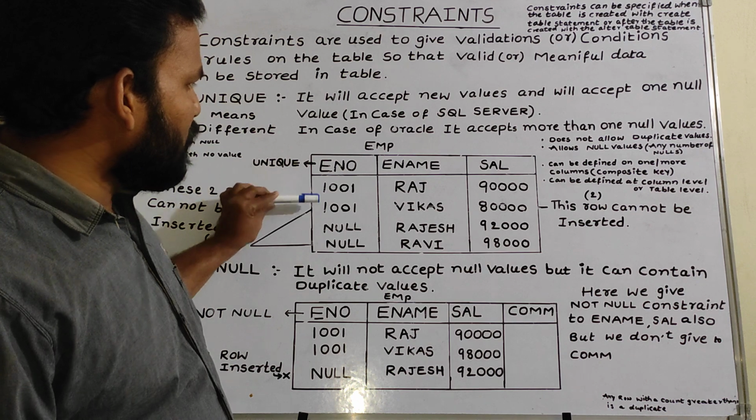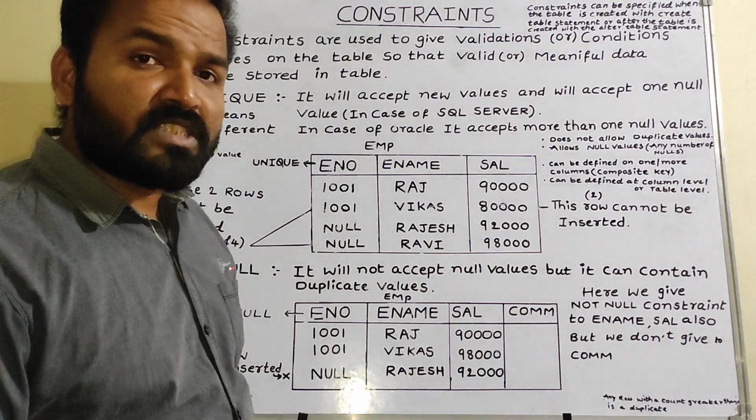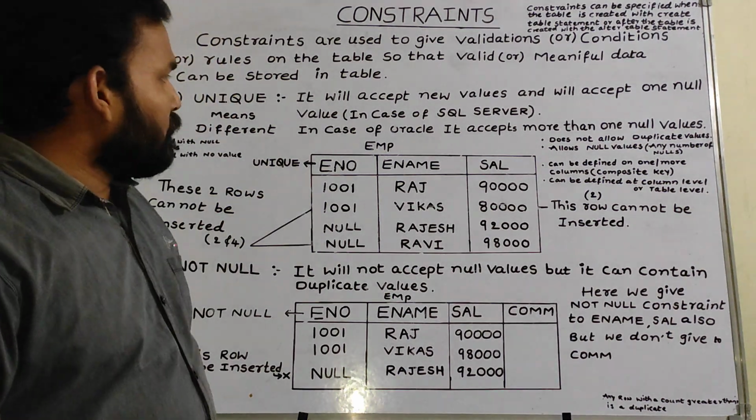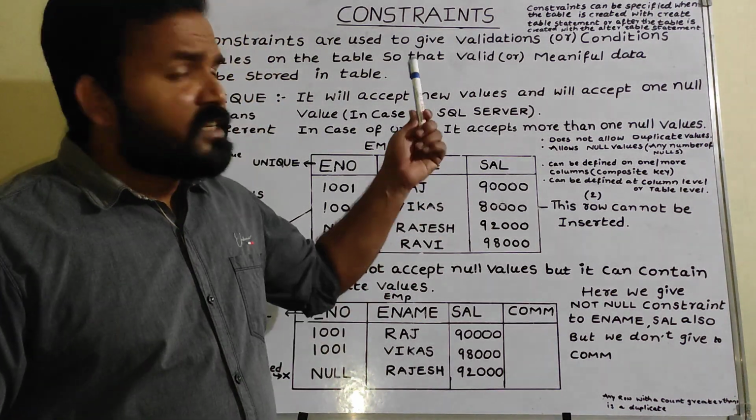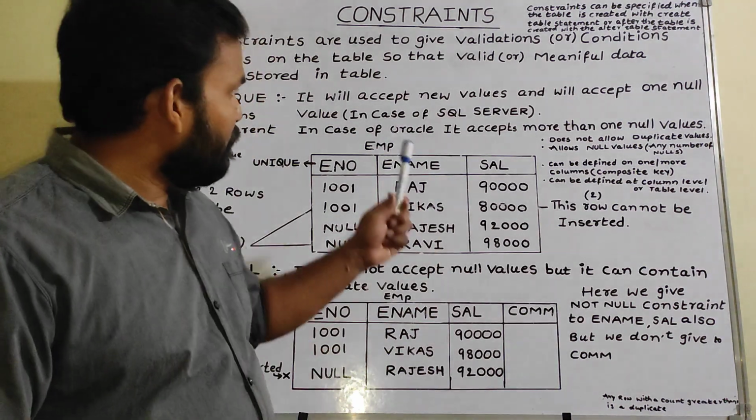So all these are rows. As I said earlier, constraints are created on table columns.